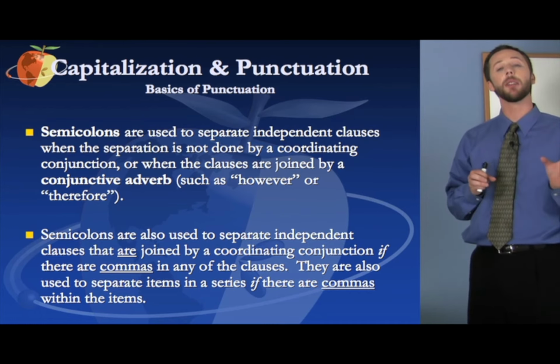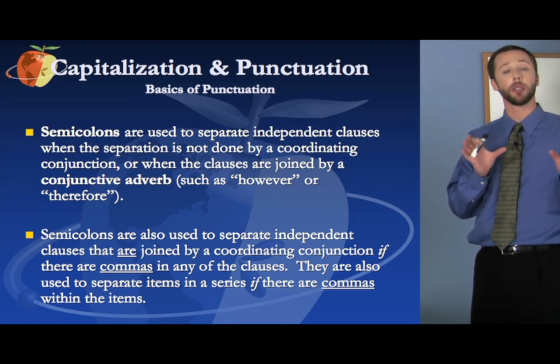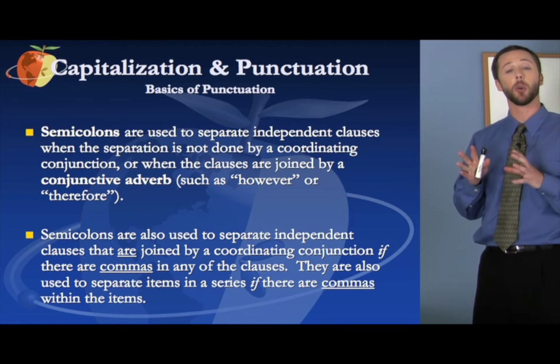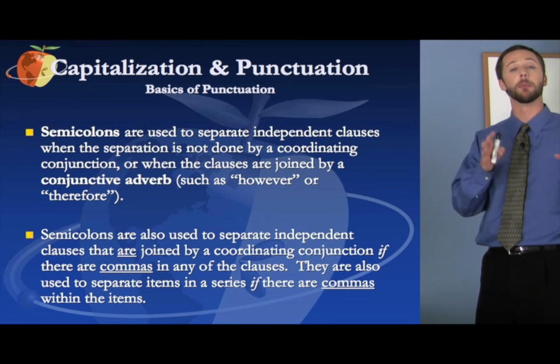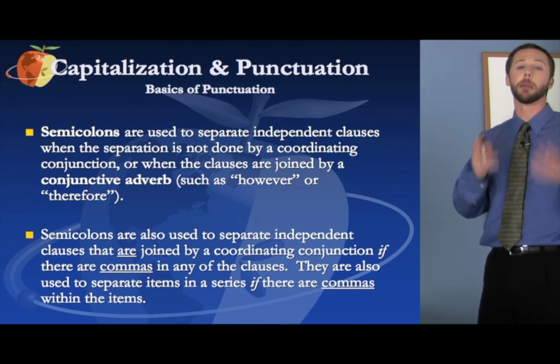So the individual items in the list are separated by commas, but the major lists themselves, the list of toys, the list of cleaning products, and the list of food items, those major lists are separated by semicolons.